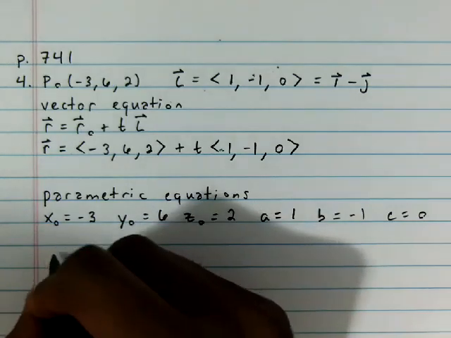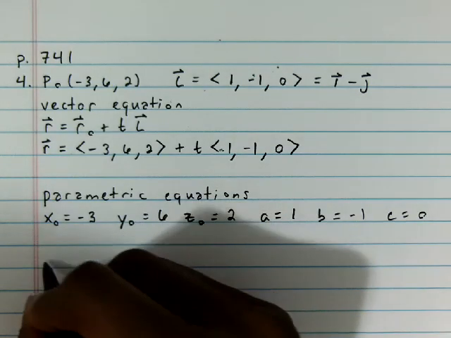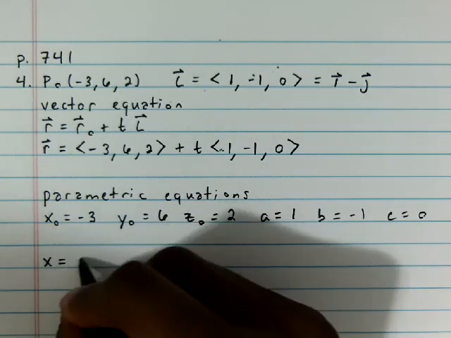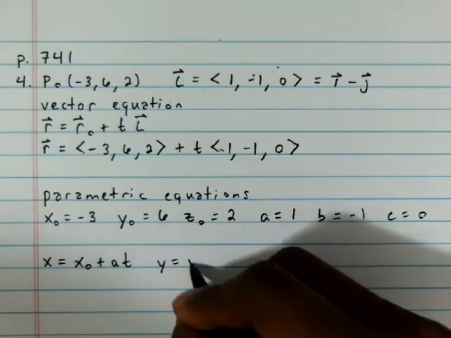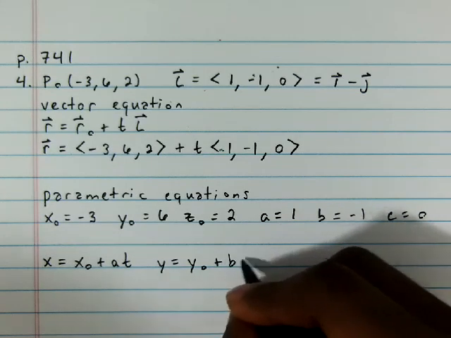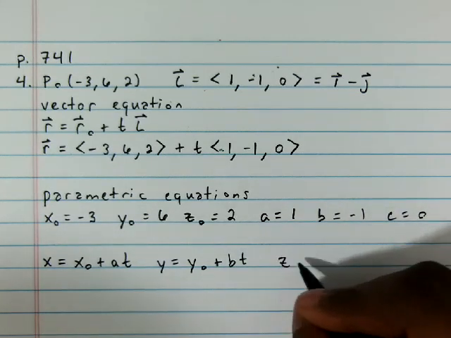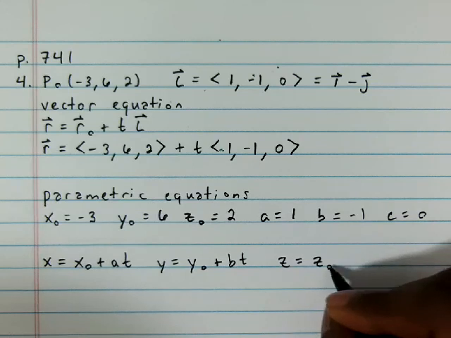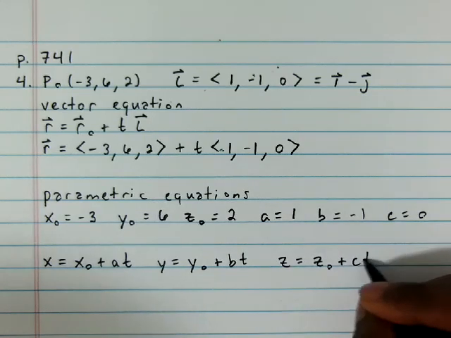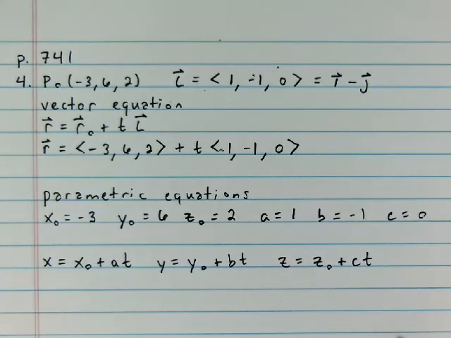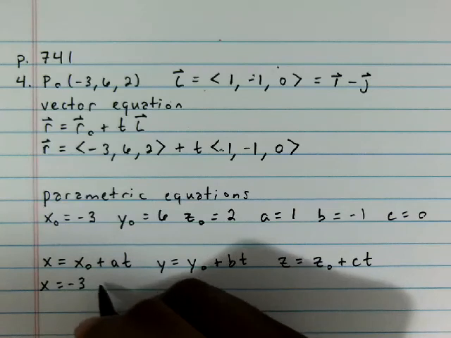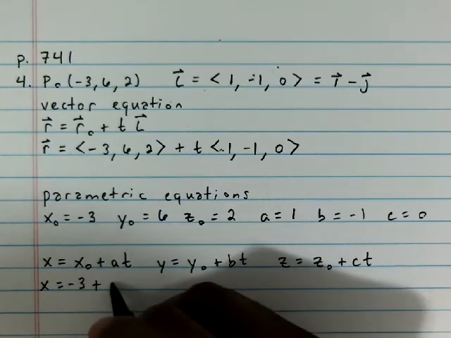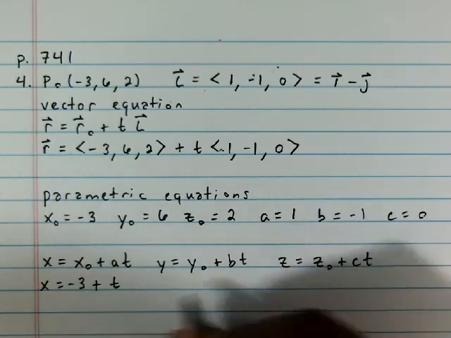Now, the formula for parametric equations is X equals X naught plus AT, Y equals Y naught plus BT, and Z equals Z naught plus CT. So we just plug in the information that we have. X equals negative 3 plus T, because our A was 1.